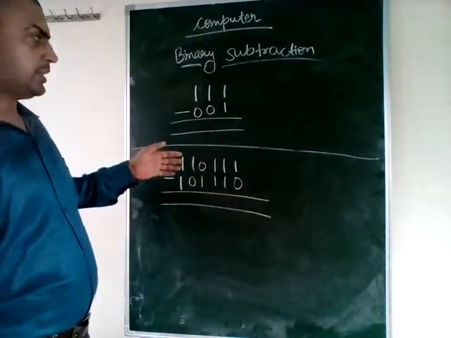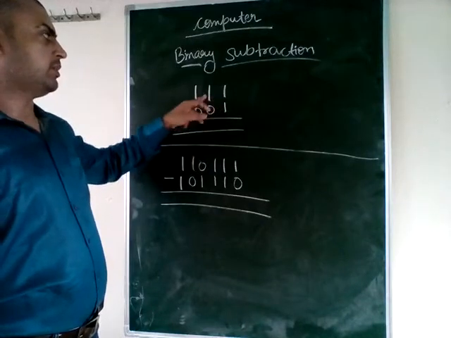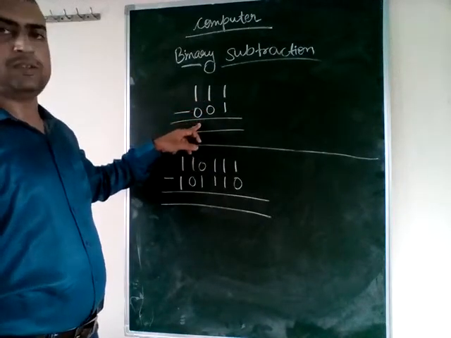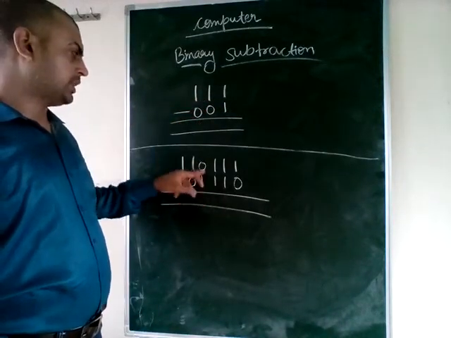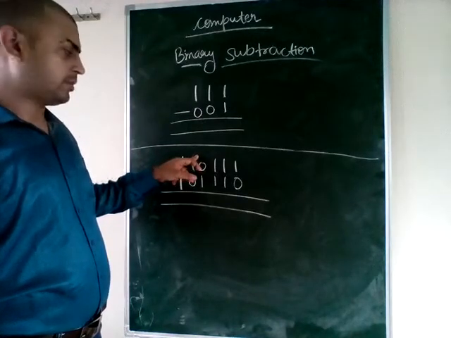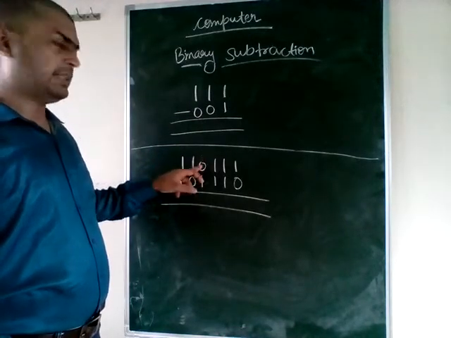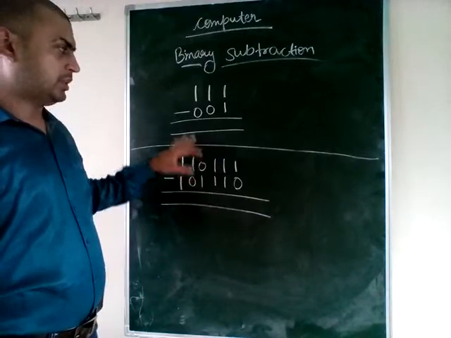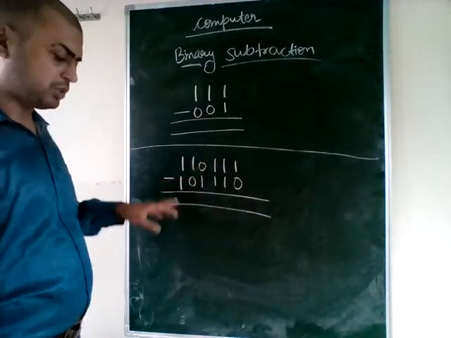These are the two questions. This is very simple. In this question you have to borrow the number from here to here, and then after that you have to solve. So these two are your homework. Try to solve it.